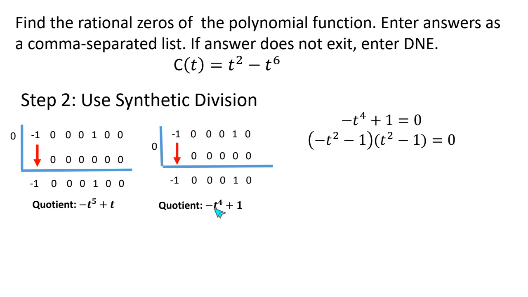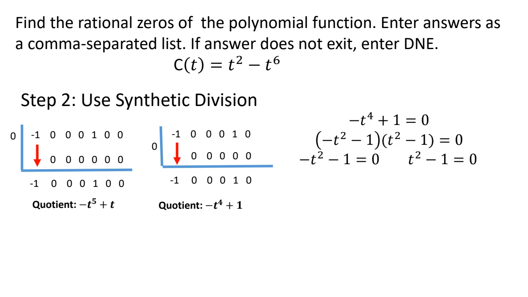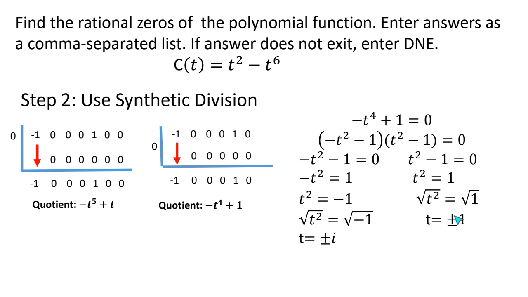But then I noticed t to the 4th, I can factor that out as -t squared minus 1 times t squared minus 1, set each factor equal to 0, and solve for t. So here we add a 1, divide by negative, so we get t squared equals 1, which is going to be t equals plus or minus 1. And then on the other factor, we get t squared equals -1, so t equals plus or minus i.